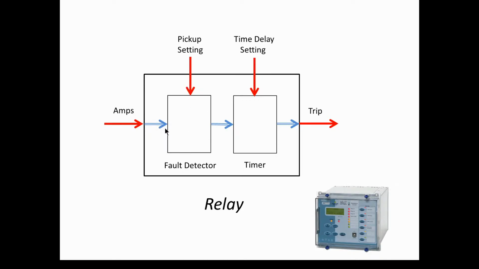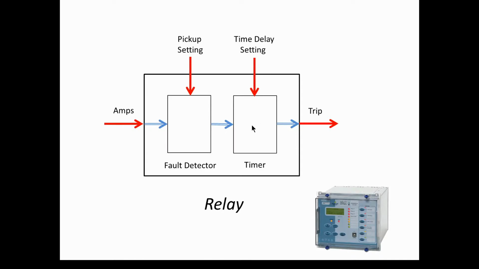So it's a simple comparison to what you have told it, and if it exceeds that value, it starts the timer. And the timer will start timing, and it will time for whatever amount of time you have told it to in this time delay setting.